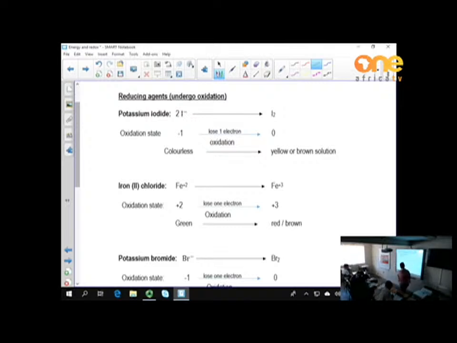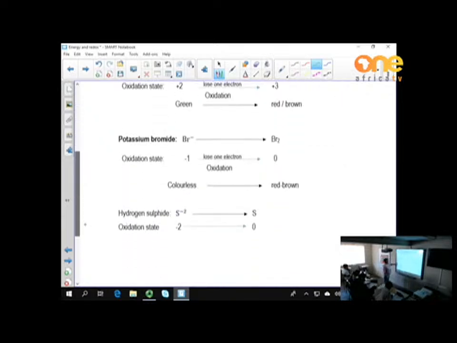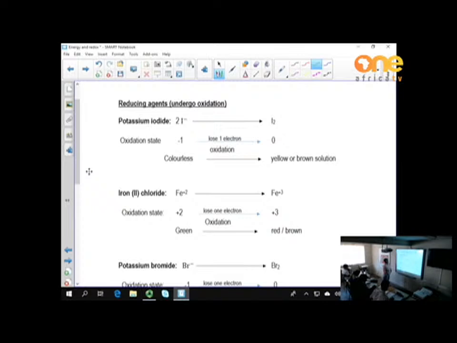Now, your textbook refers to specific reducing agents, all right, of which one of them is the iodide ion, and it will form iodine. The oxidation state of the iodide ion is -1.